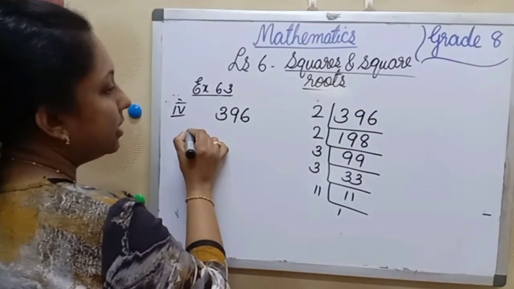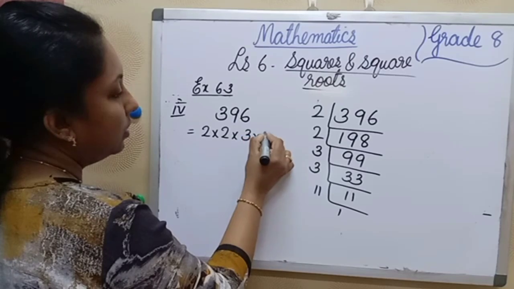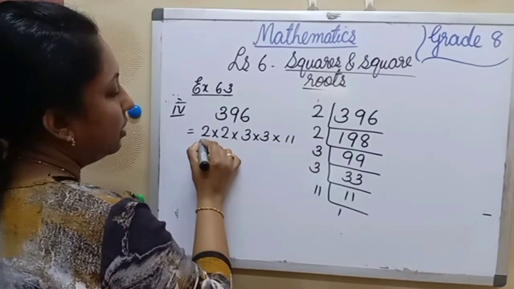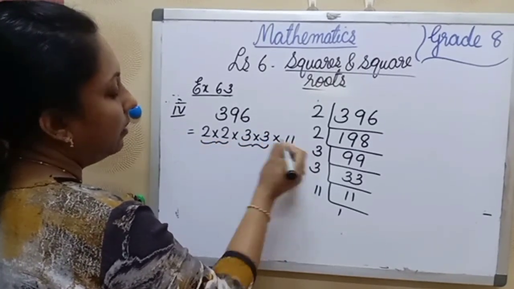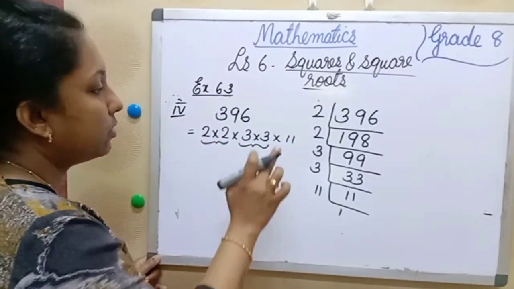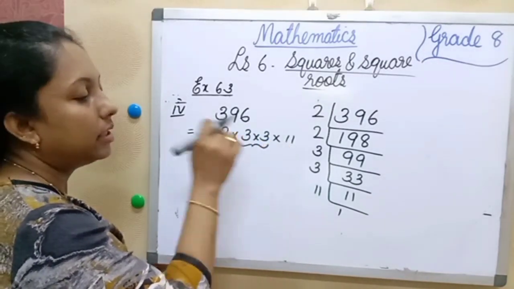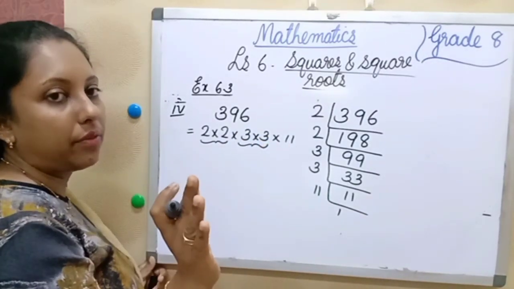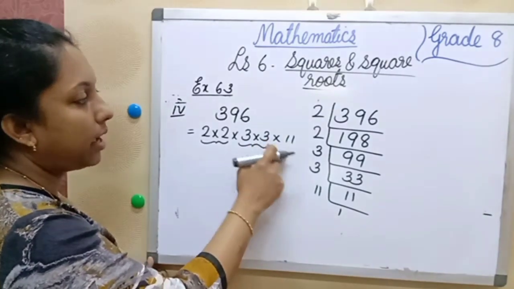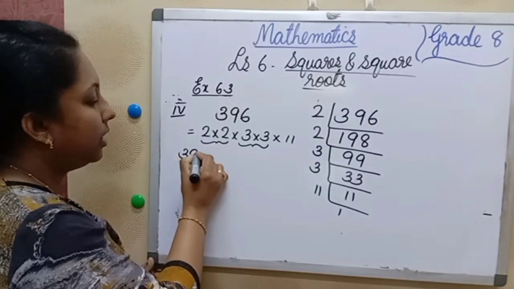So 396 is equal to 2 into 2 into 3 into 3 into 11. So here also 11 does not have a pair. So this is not a perfect square. When we remove 11 from here, then the new number will become a perfect square. How can we remove it? We have to divide 396 by 11.